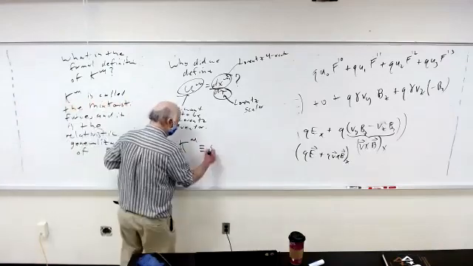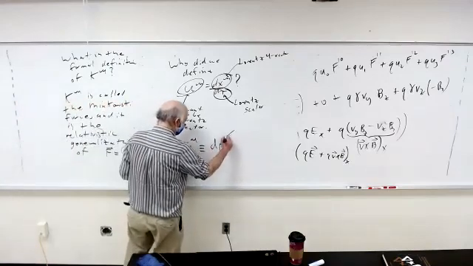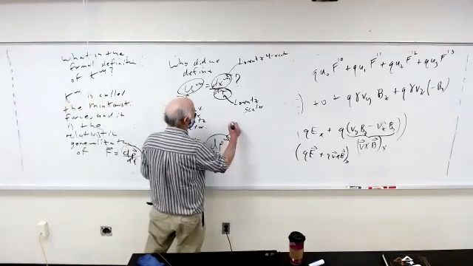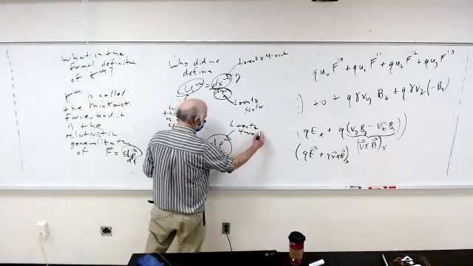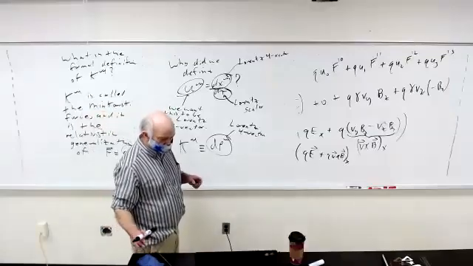Exactly. So we're going to have dp mu. This right here is a Lorentz 4 vector. Is P mu just the rest mass times U mu?